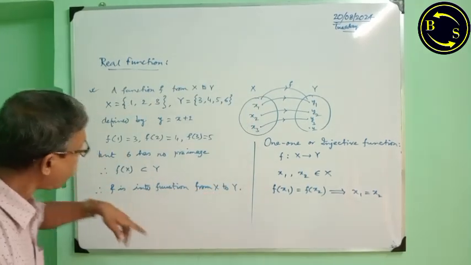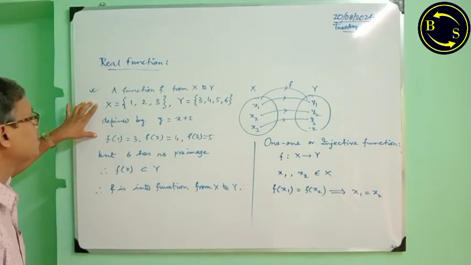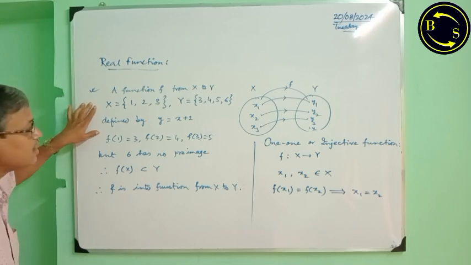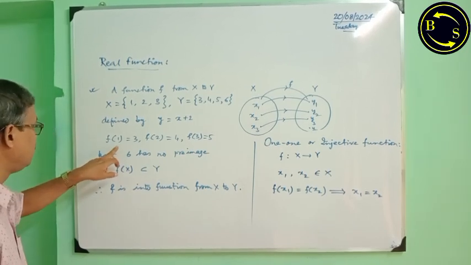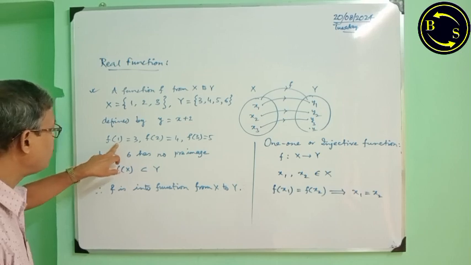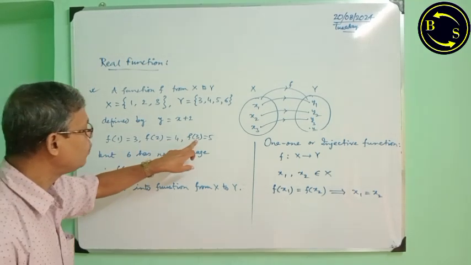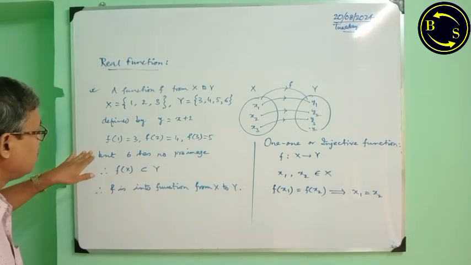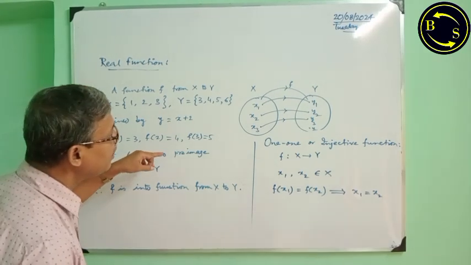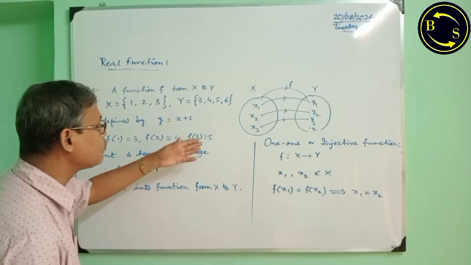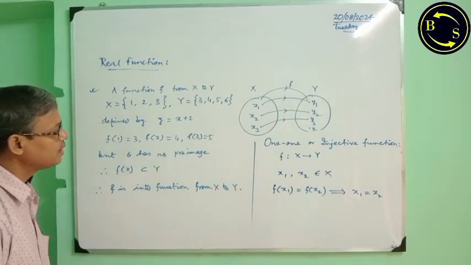In the example I have taken earlier, we find that the images of 1, 2, 3 are different, as well as the pre-images are different.